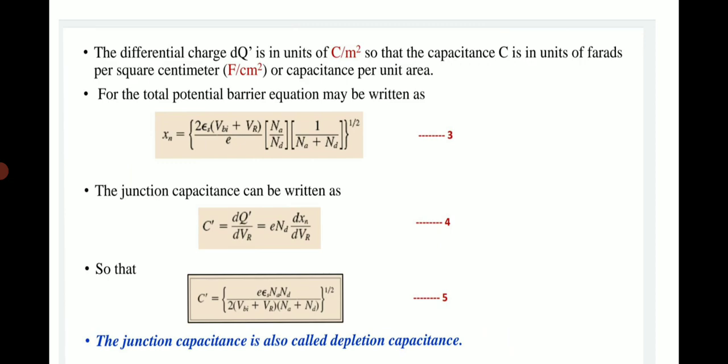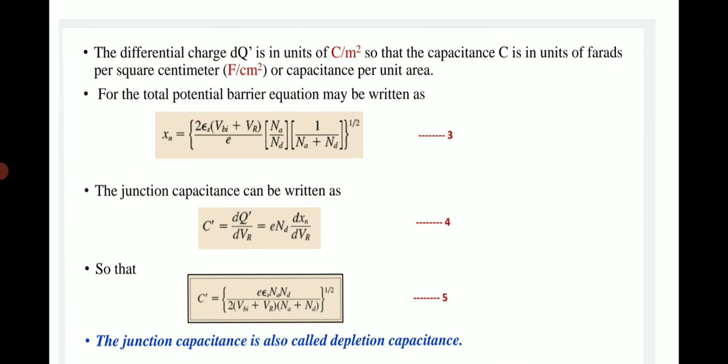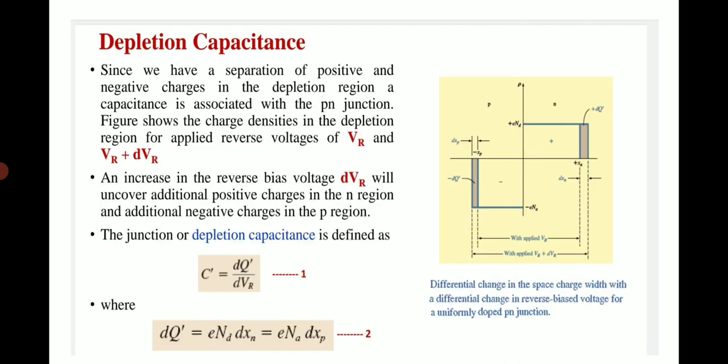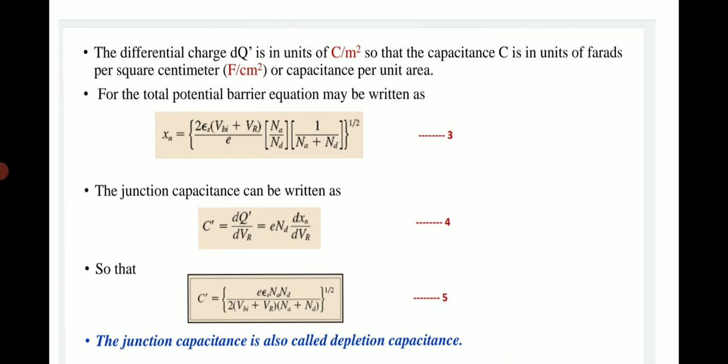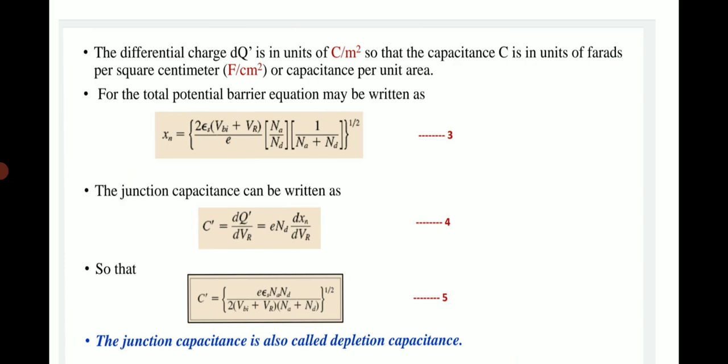In the previous video we saw the equation for Xn, and the junction capacitance can be written as C dash equals dQ dash divided by dVr, which is equal to e times ND, the donor impurity concentration in the N region, times dXn divided by dVr. We take the differentiation of dQ dash with respect to dVr, and so C dash is equal to this.